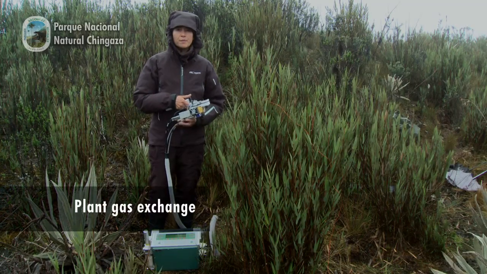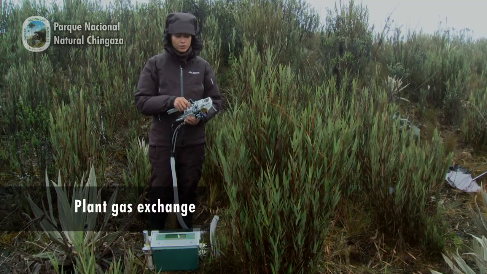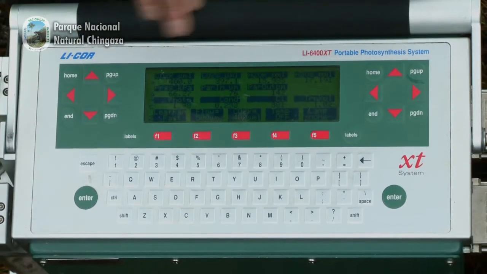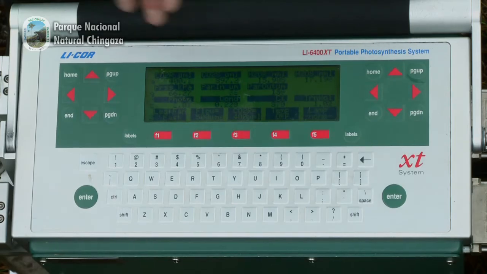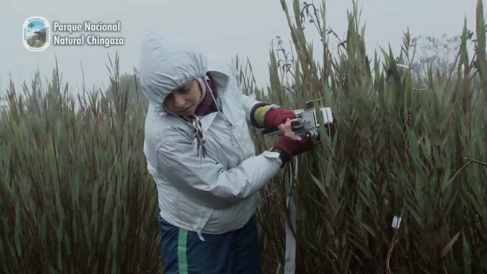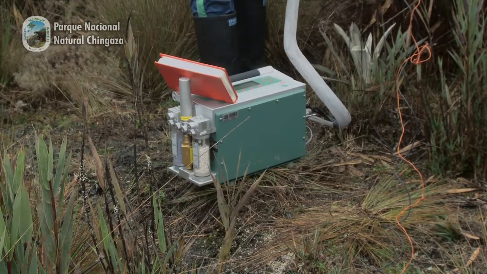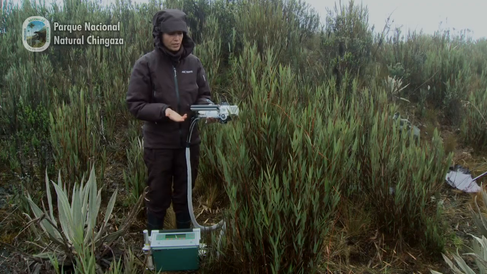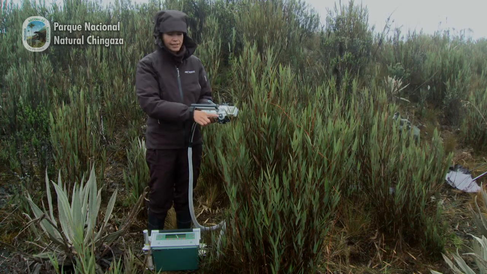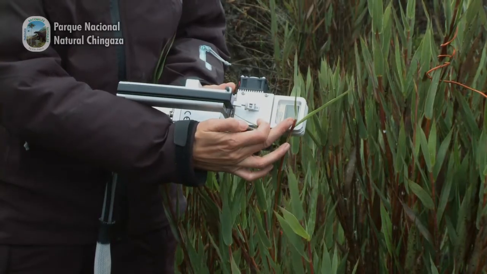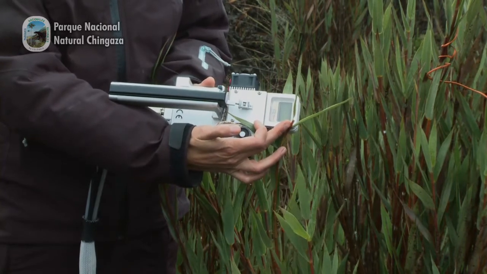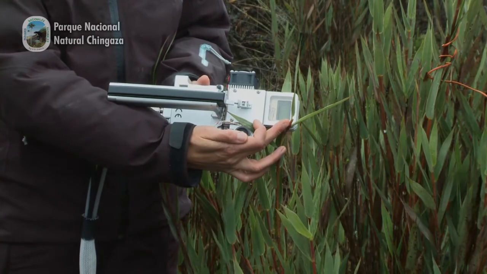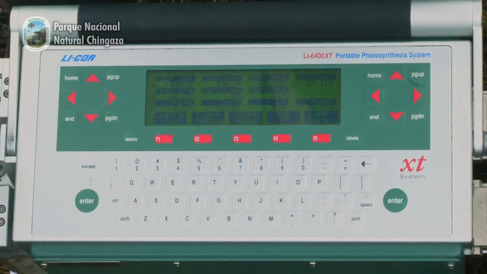For recording how much carbon the plant is fixing, we use this machine. It's called a LI-COR 6400. It's a very complete system. It's a closed system, and we know how much CO2 we input in the plant. So in order to use it, we use a transparent chamber. We put the leaf in, and then we can record how much light is in the environment, how much light the leaf is experiencing. We know the leaf temperature, and we also know how much conductance the plant is performing. With the 6400, we can measure several things.